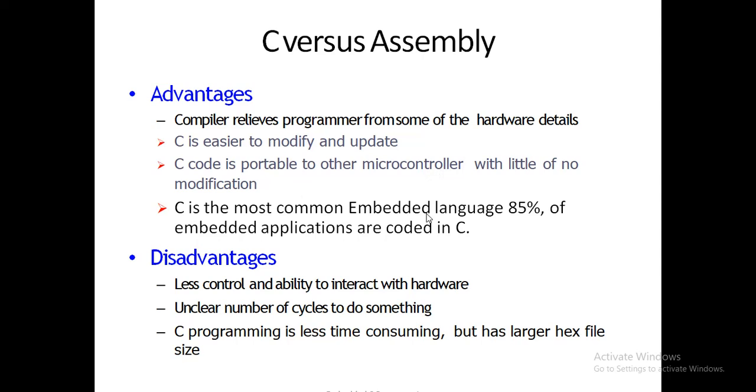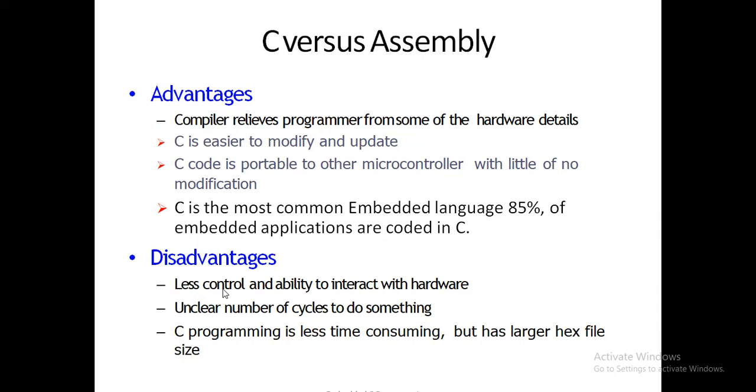C is the most common embedded language, 85%. The embedded applications are coded in C because every 6 months or 3 months, companies are releasing a new microcontroller in the market. As a designer, they are unable to study each microcontroller's instruction set, architecture, addressing modes, everything. Once a new one comes to the market, they immediately start using the code with the help of embedded C. And C has some disadvantages.